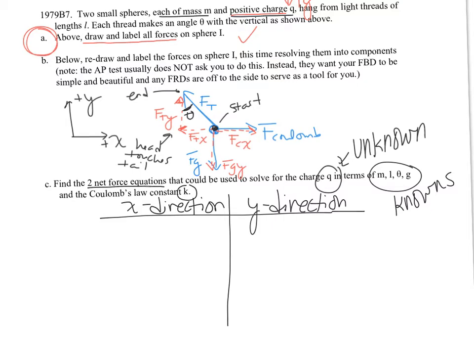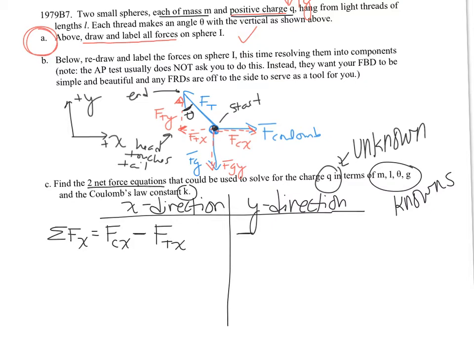So in my x direction, my sum of forces are the Coulomb force. I'm going to put a little x there to show that it's in the x direction, but the entire Coulomb force is in the x direction. And my tension force, but the x component of my tension force. The x component of my tension force points left, so I'm going to make that negative.